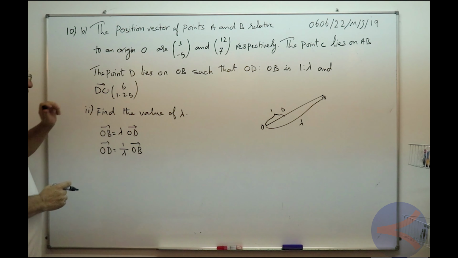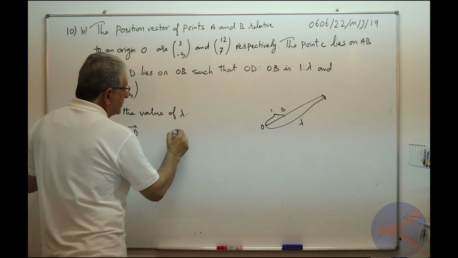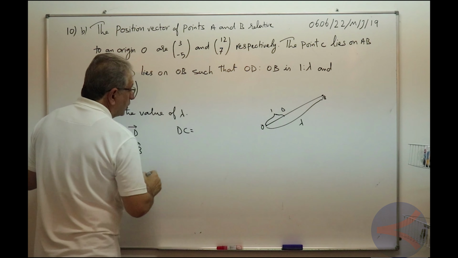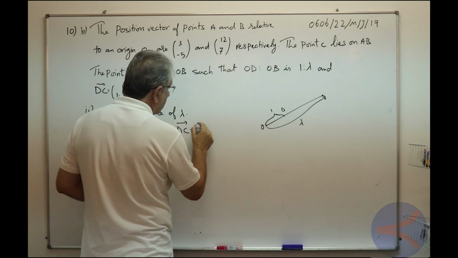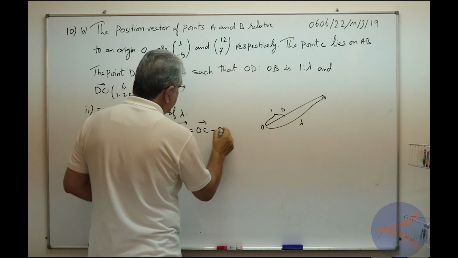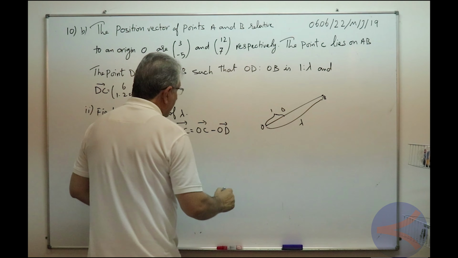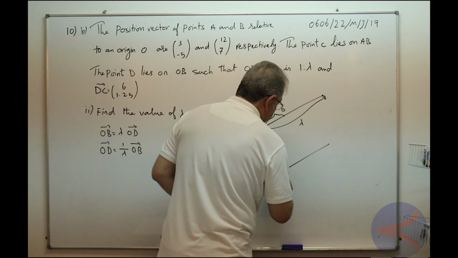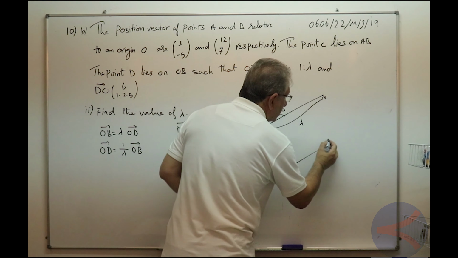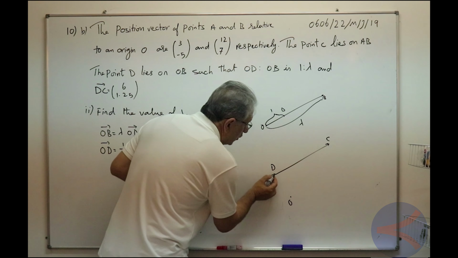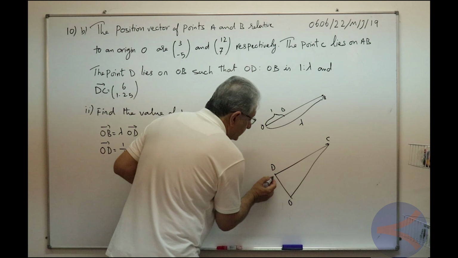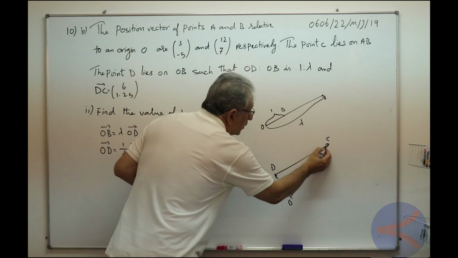Now, we have DC. We know that vector DC is equal to OC minus OD. See, any vector you have. Suppose this vector DC, to the origin. But if this is O, this is vector OD and this vector OC.